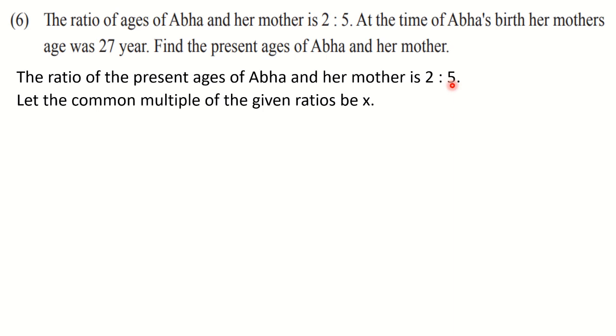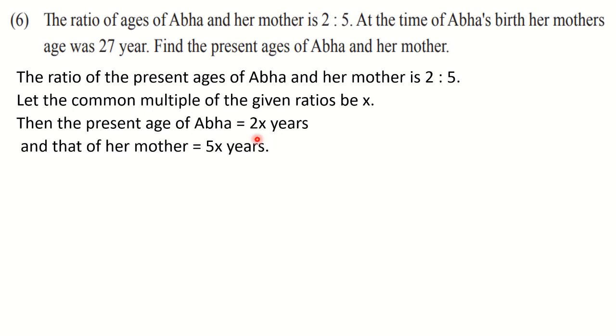As we have seen, the number gets cancelled. So the age of Abha will be 2x and age of her mother will be 5x. So write down that. Therefore, present age of Abha is 2x years and that of her mother is 5x years. Correct? So we got their ages.